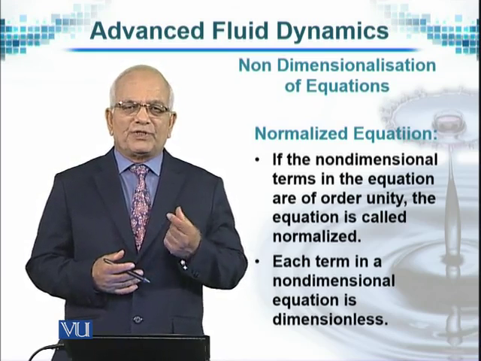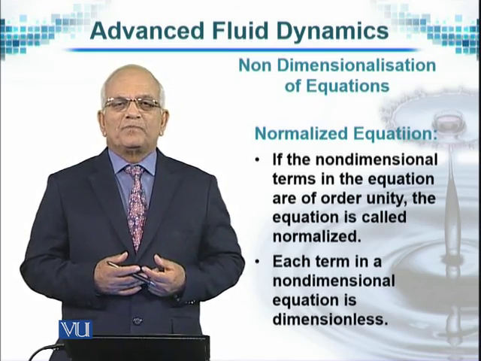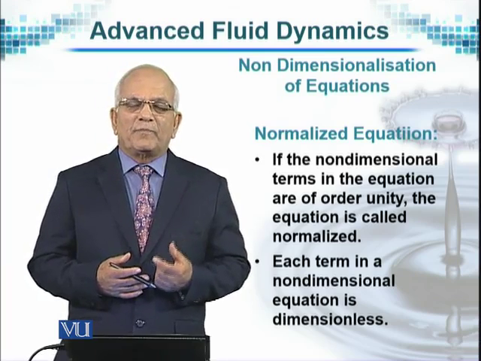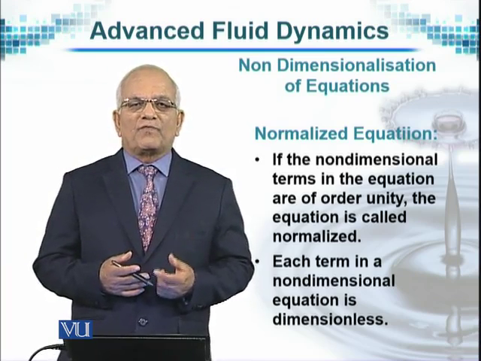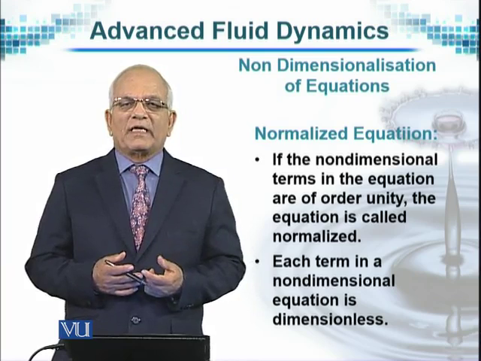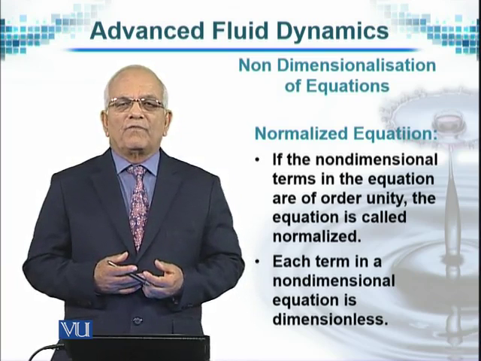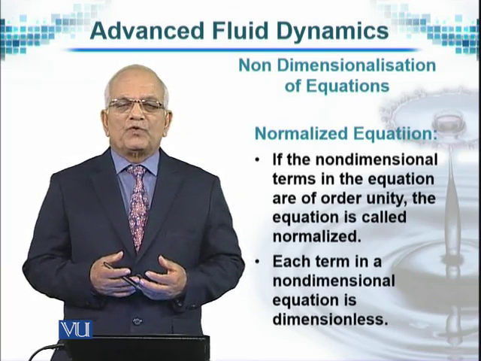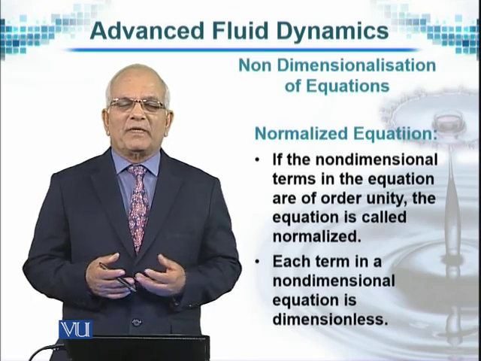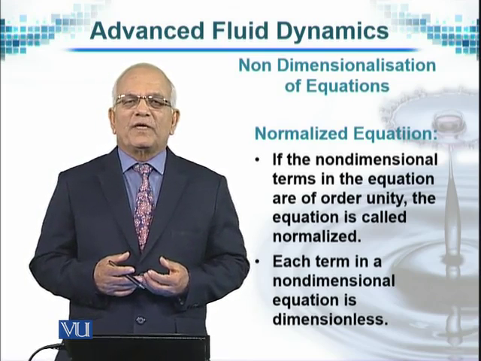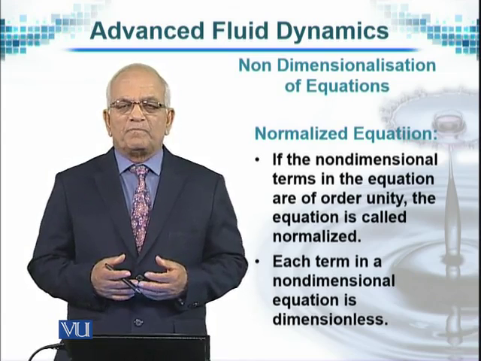But the velocity term with which we divide will be a typical representation of the fluid flow. It has to be taken from the fluid flow situation, not in an arbitrary manner, otherwise it may lose its relevance.